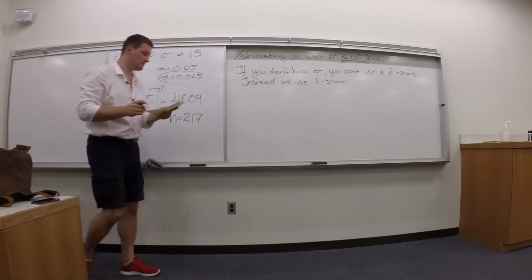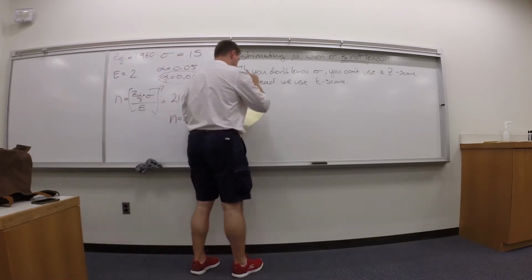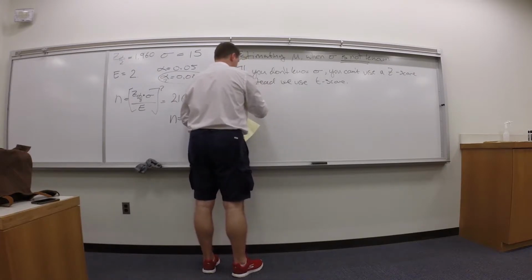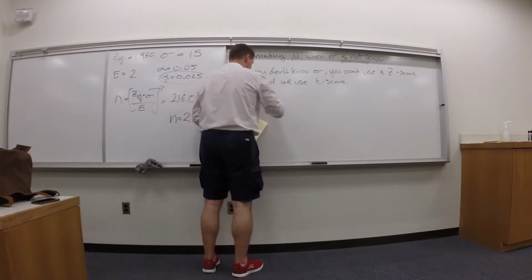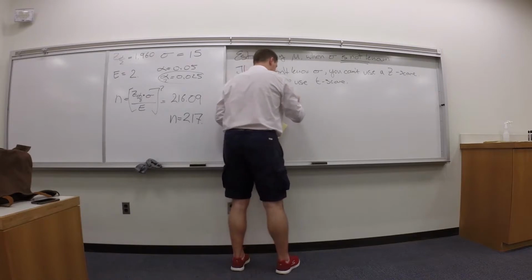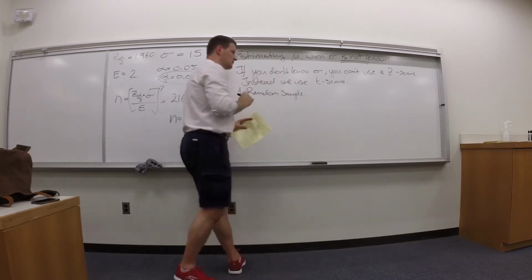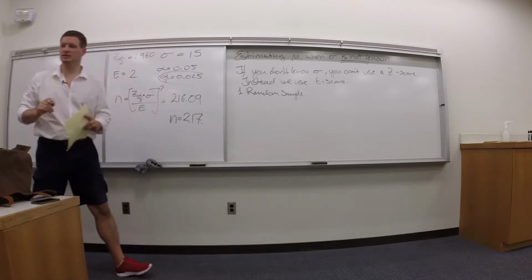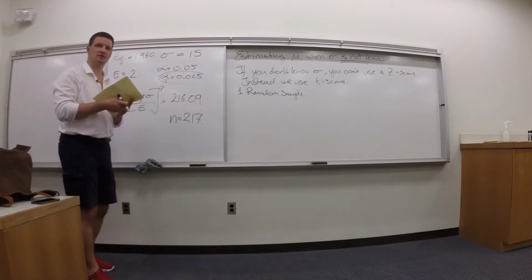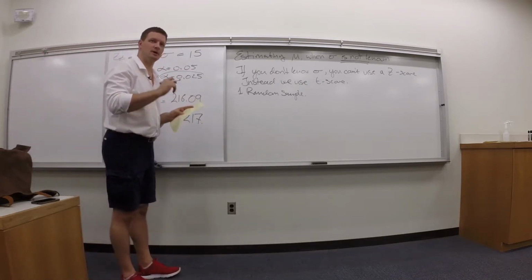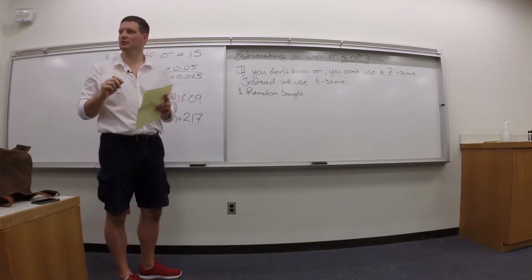So what's required? Well, for the T score, we have a couple of requirements. One is a random sample. You cannot really have fun without a random sample. Convenient sampling doesn't work. Blind dates among your friends don't work.